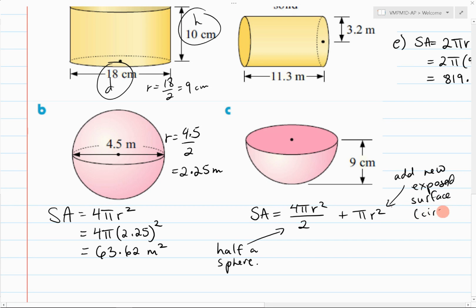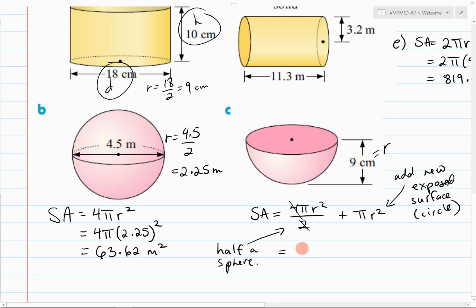This is a circle. Okay. So what's my radius? Well, from the center of your sphere to any end, that measurement is 9 centimeters. That is my radius. So r is equal to 9. So it's pretty simple when they give you that value. All you have to do is plug it in and calculate. So 4 over 2 can simplify to just 2.